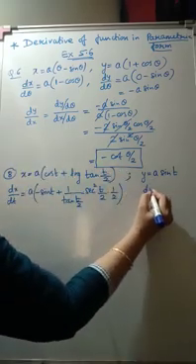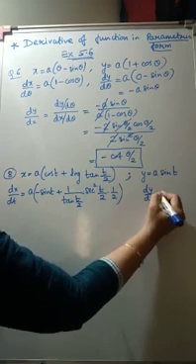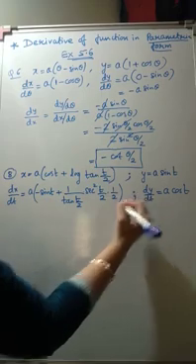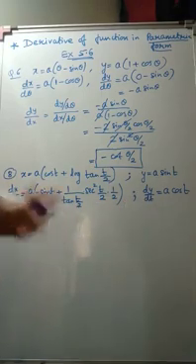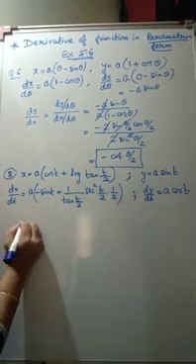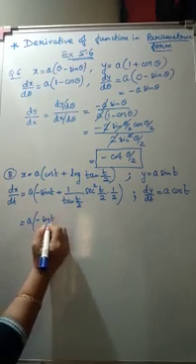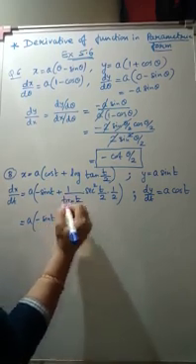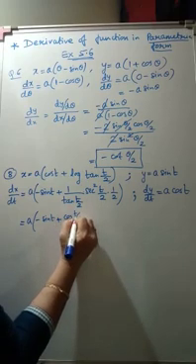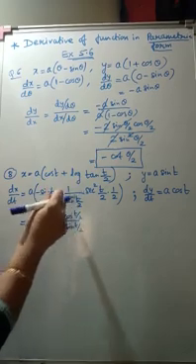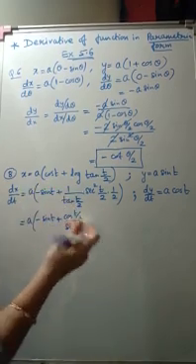And what is dy by dt? It's a cos t. Just write it in simple form. So this will be a, this will be minus sin t plus, what is this? This is cos t by 2 divided by sin t by 2. Just writing 1 by tan t by 2 as cot t by 2.